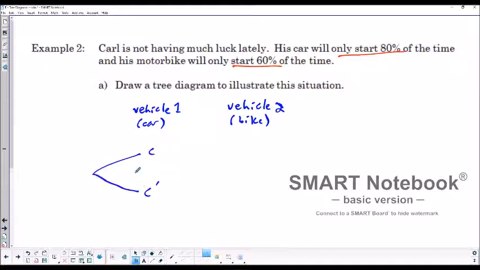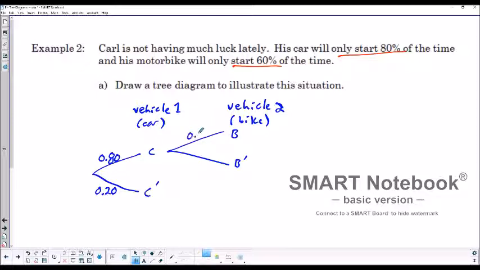And so we draw it. Now I should be drawing these with rulers, so I apologize. So 80% of the time the car will start, so we've got 0.8. We'll write the 80% in terms of a decimal. And the car not starting, of course, will be 0.2 or 20% of the time. Then whether the car starts or not, the bike also has either starting or not starting probabilities.